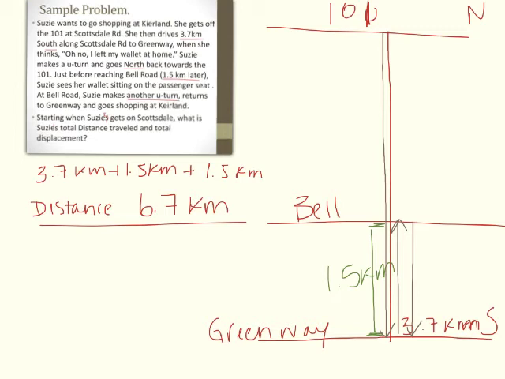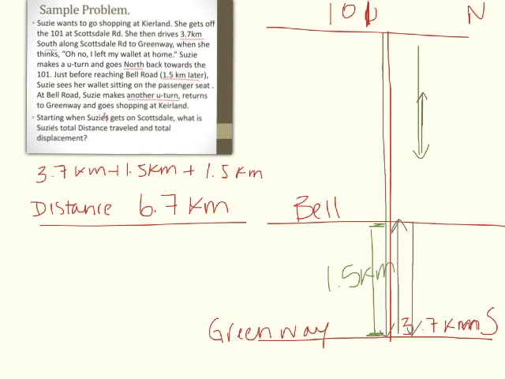For displacement, you have to do the addition of the vectors. I'm going to redraw these so that we can see them in different colors. Here's our 3.7 kilometer vector. And then she goes like this, 1.5 kilometers.